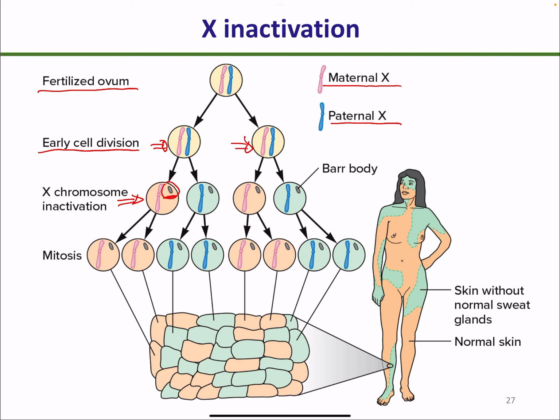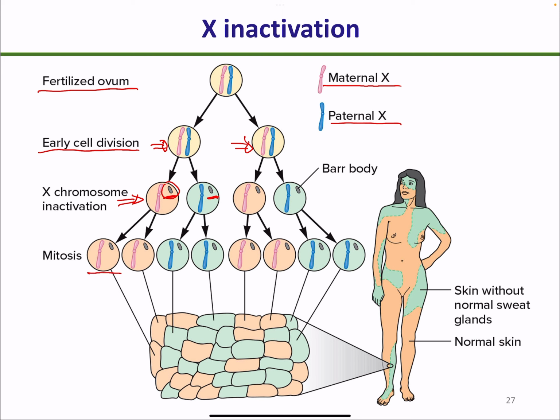Now, which X gets inactivated is not predictable. We don't know if the X you receive from dad is the one that is going to be inactivated, or if the X you receive from mom is. It is completely random. Because it is random, and because different cells inactivate different X chromosomes, we have a mosaic of cells.